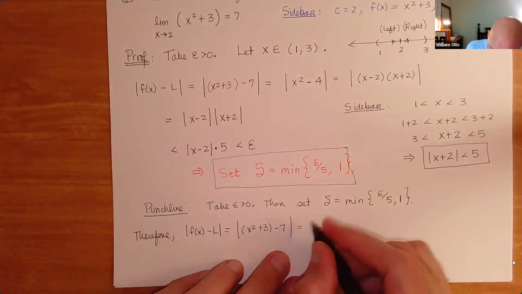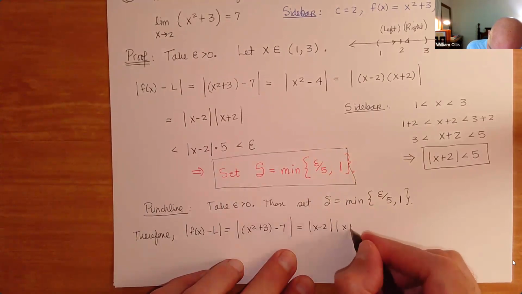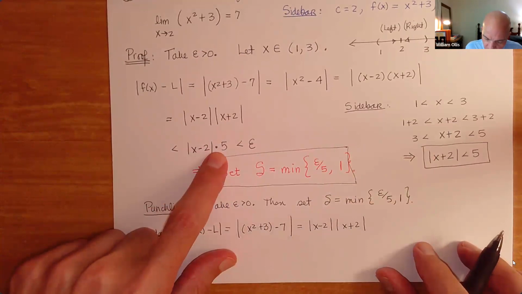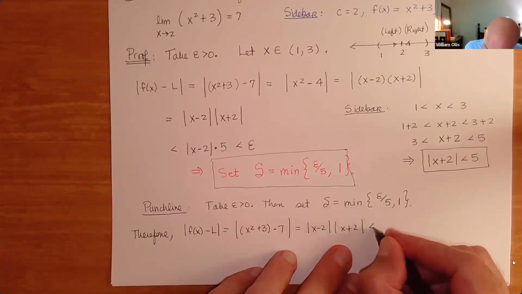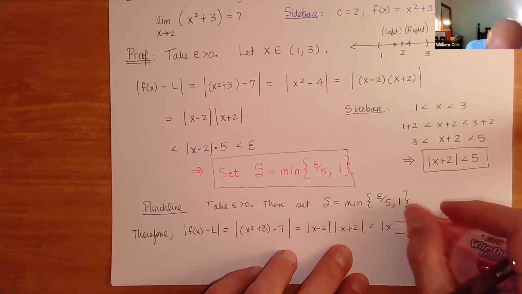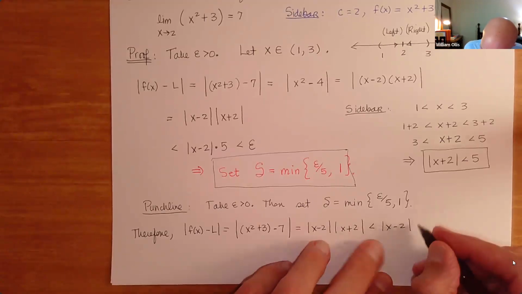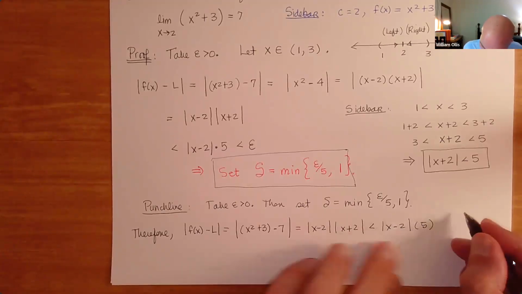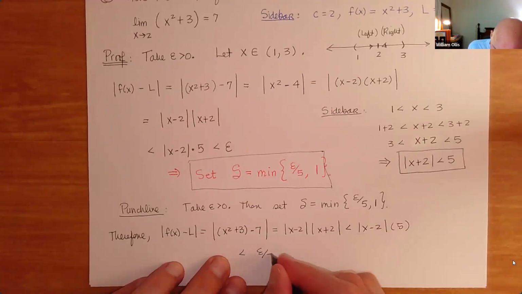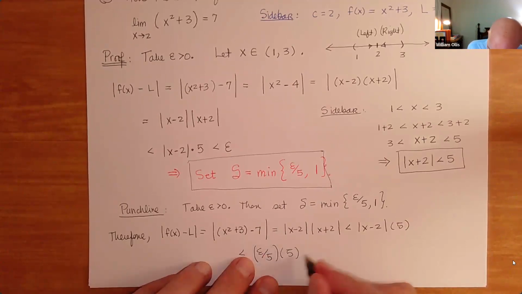That gives us the absolute value of x minus 2 times x plus 2. And then, of course, we can use our 5: less than the absolute value of x minus 2, times a 5, less than epsilon over 5 times 5, which equals epsilon.